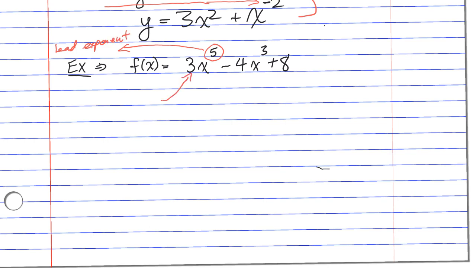The number that sits in front of the term is called the leading coefficient. This last term here, we're going to call the constant term. And when you're in college or university, you're going to hear people use this constantly. When you do calculus, you're going to hear your teacher discuss this as well. So it's best you learn it now.